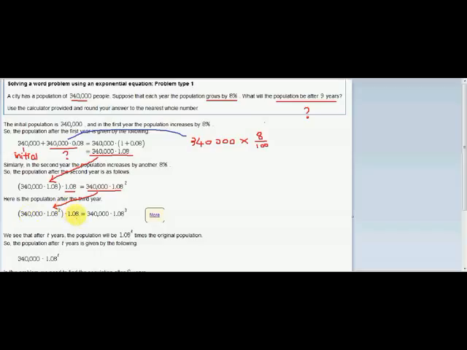So this 1.08 goes up there, and we have 1.08 cubed. As you can see, after 1 year, the power is just 1. After 2 years, the power is 2. After 3 years, the power is 3.